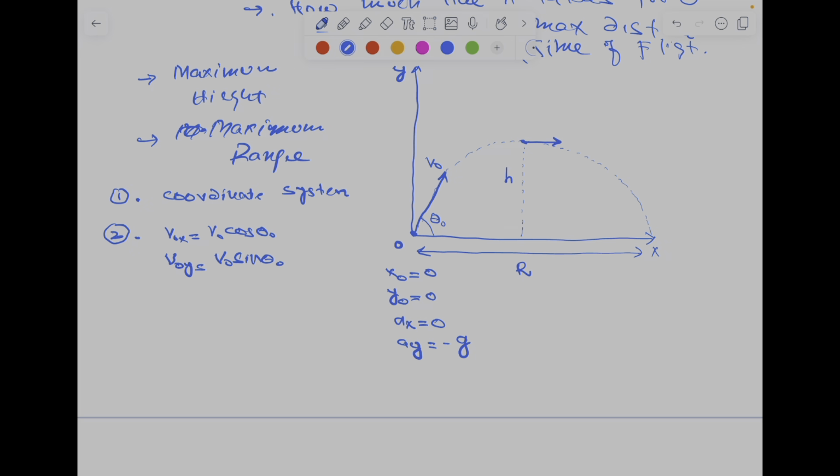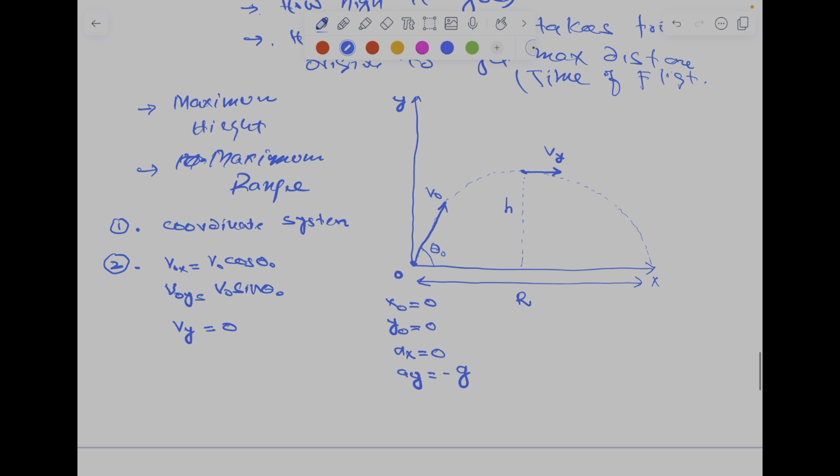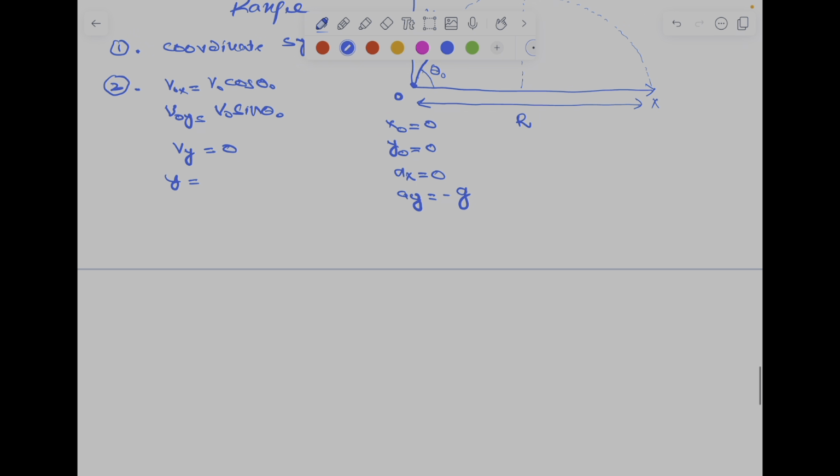Now we analyze the motion along x and y, and at this point vy goes to 0. We wanted to know how high it goes, so we wanted to know the motion along y. So we're going to write the y equation.